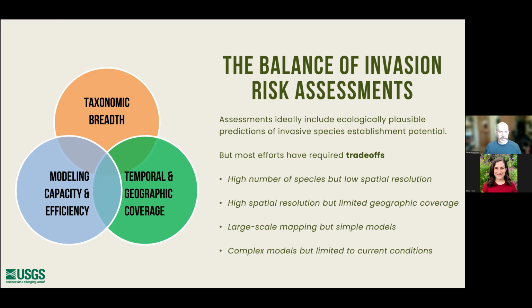How many species are we including? What's the temporal and geographic coverage? What sort of capacity or logistics do we have to produce either more or less complex models? Basically, all this is how much information can we produce, and is it enough to actually assess risk for species that haven't necessarily become a problem in every single place that we're interested in some sort of focal area.